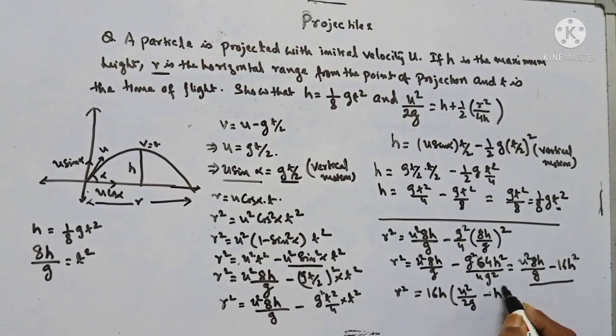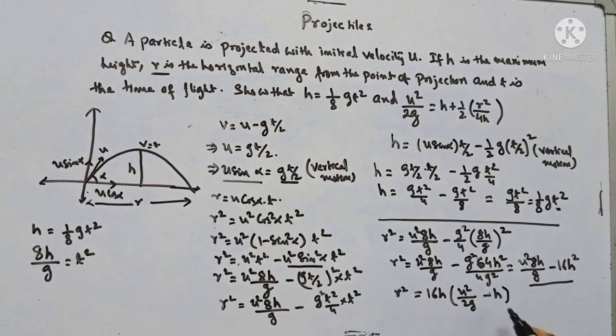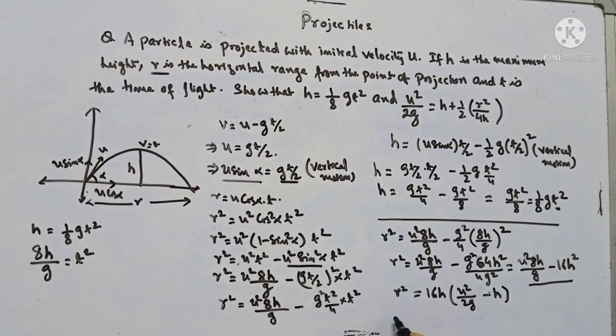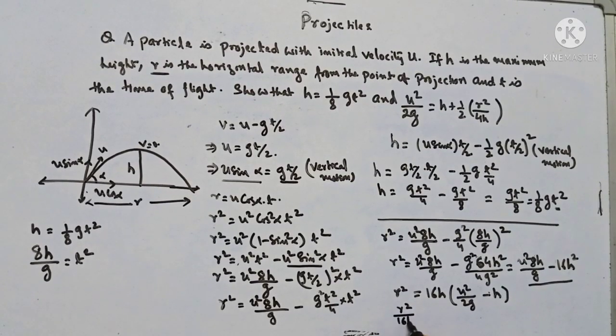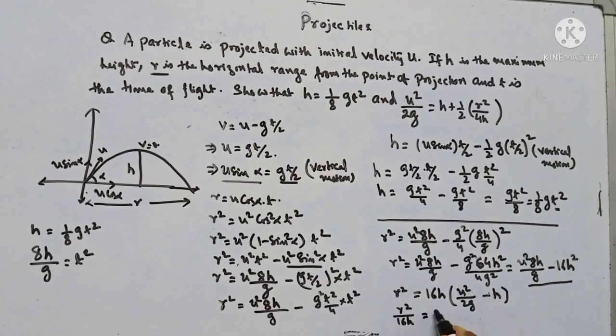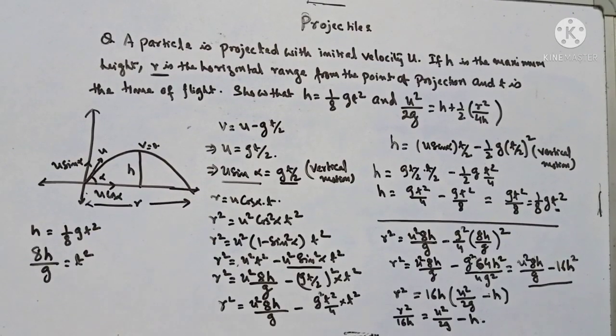So r square by 16h will be u square by 2g minus h.